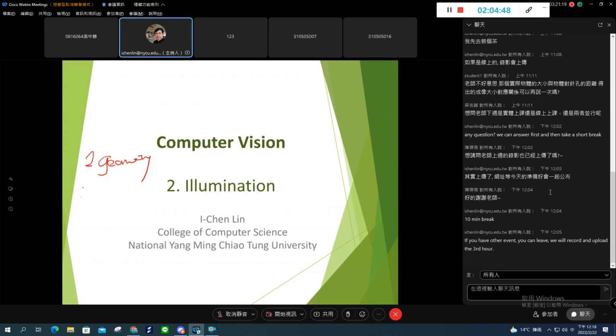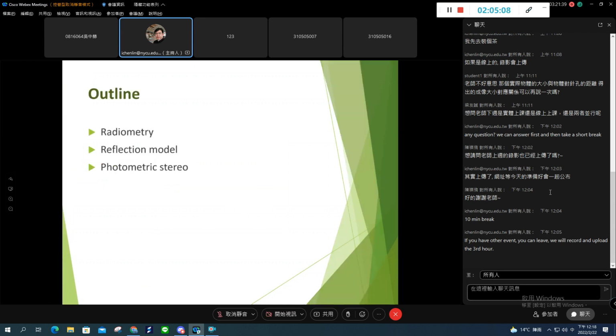The second one is about the illumination, lighting. This part sort of overlaps with the computer graphics rendering or shading chapter. So if you are familiar with this part, you can skip the first half of it.